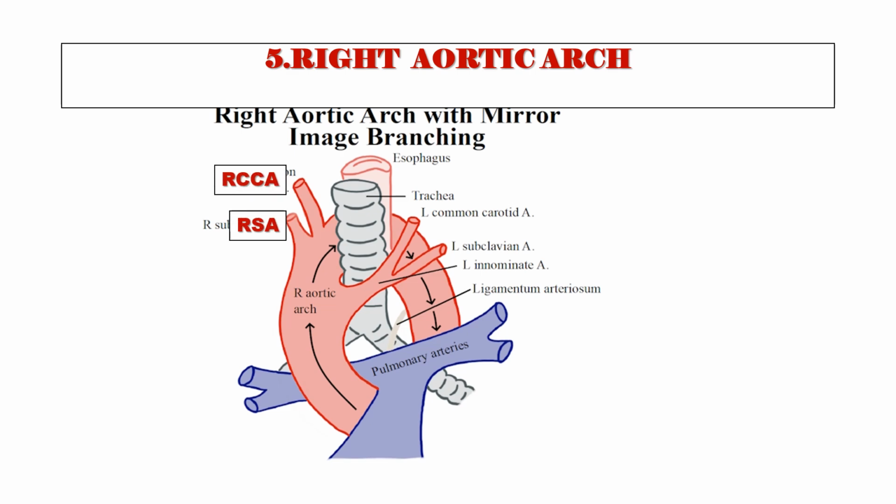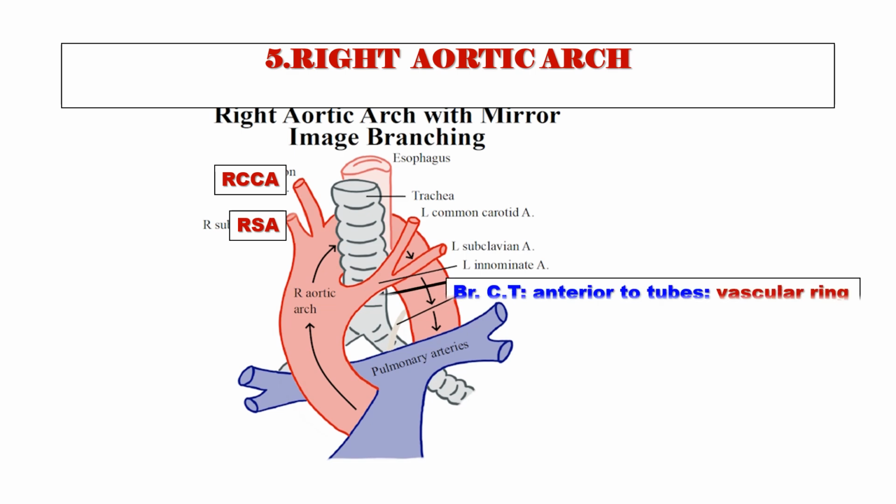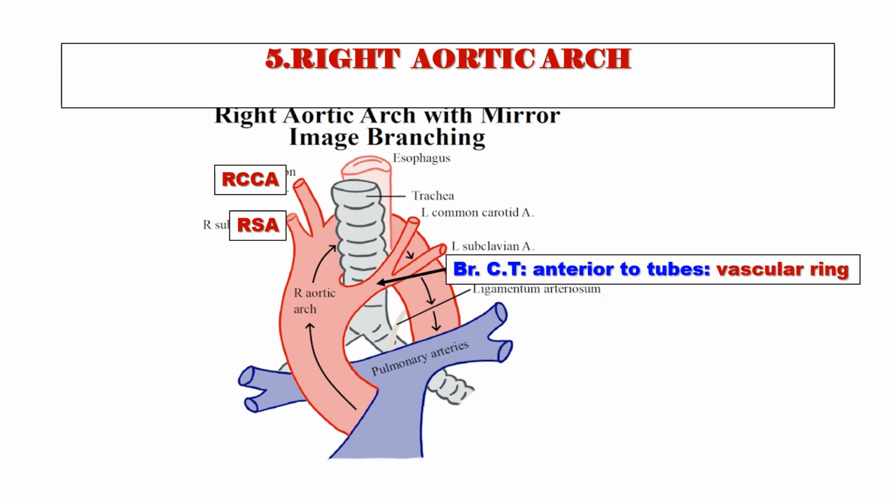Right subclavian artery and right common carotid artery arise directly from the right aortic arch, whereas the left subclavian and left common carotid arise from the brachiocephalic trunk, which usually runs anterior to the trachea and esophagus, and can cause a vascular ring and compression.